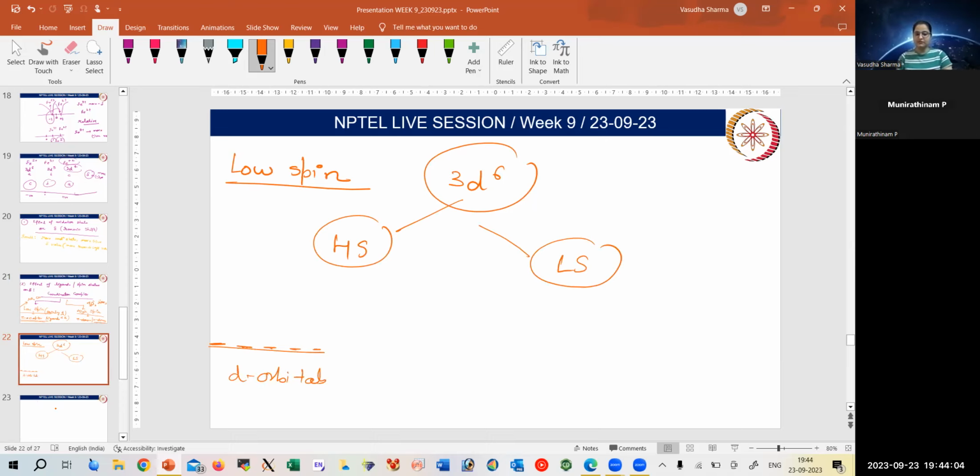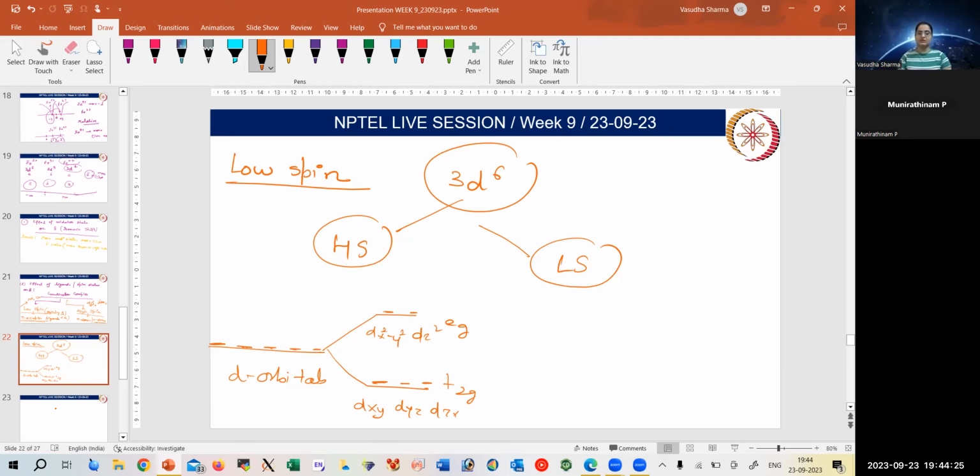But in the presence of a ligand field, you would be having Eg and T2g orbitals. Here it would be having dxy, dyz, dzx. Here it is dx square minus y square, dz square. So I guess that you are well aware of what the d orbitals are.